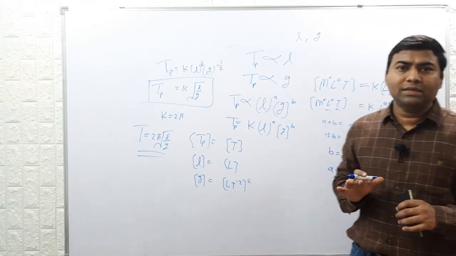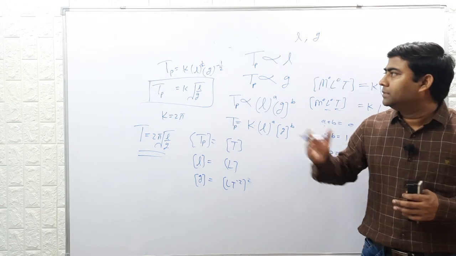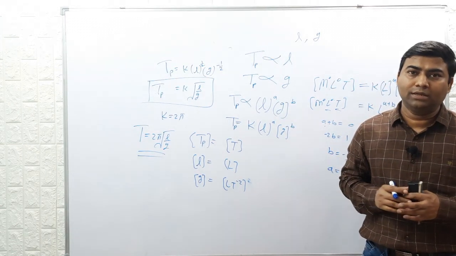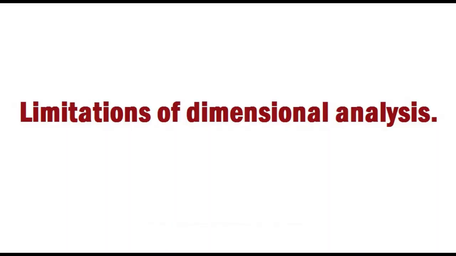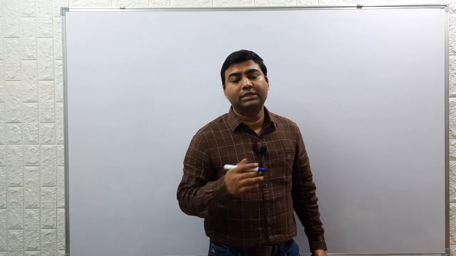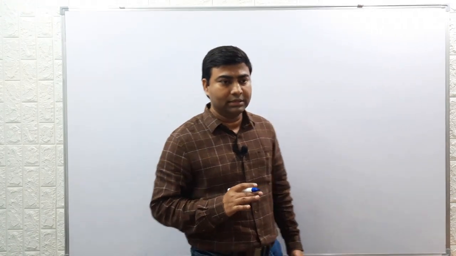So this was a very simple example to find the desired equation with the help of dimensional analysis. So there are limitations of dimensional analysis. We will discuss one by one the limitations of dimensional analysis.